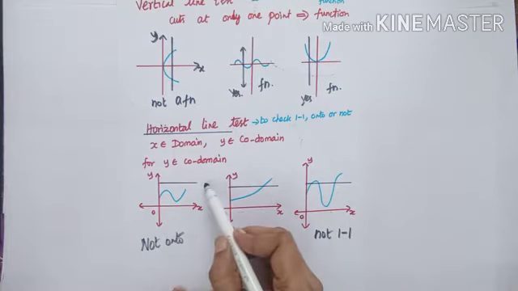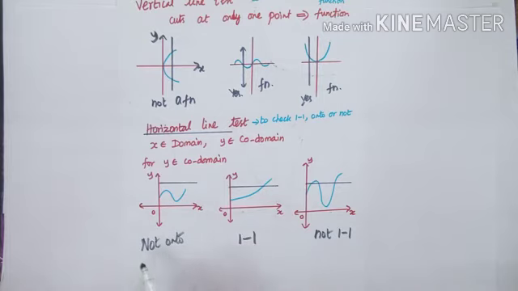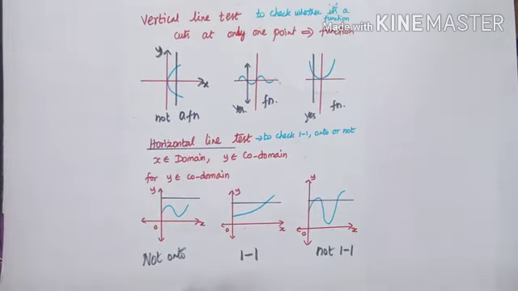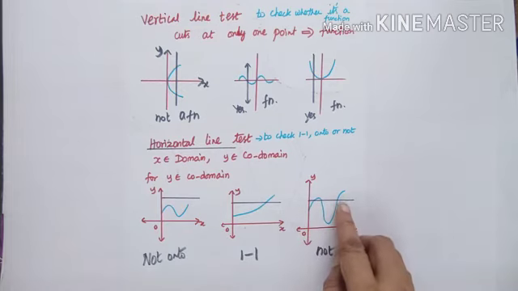Does not touch at all, I will declare not onto. Let us remember, if the horizontal line does not touch the curve, it is not onto. Touching at only one point, it is 1-1. Touching at many points, it is not 1-1.